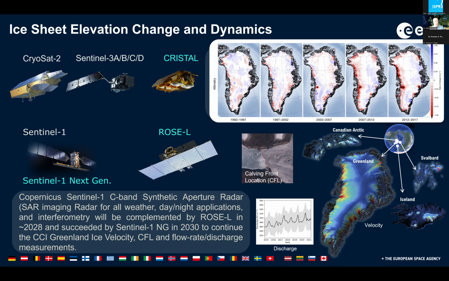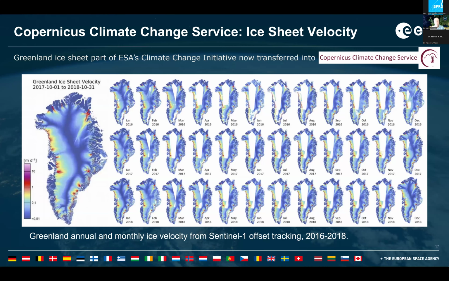This shows the ice sheet velocity time series. From the planning of the variety of SAR data acquisitions, we're able to get a continuous record of the velocity around the periphery of the ice sheet over the majority of the year. And then in the winter months where we have the best coherence in the C-band SAR repeat imaging, we're able to get a contiguous view of the ice sheet in the winter months.